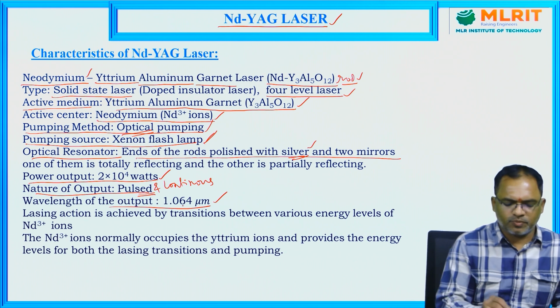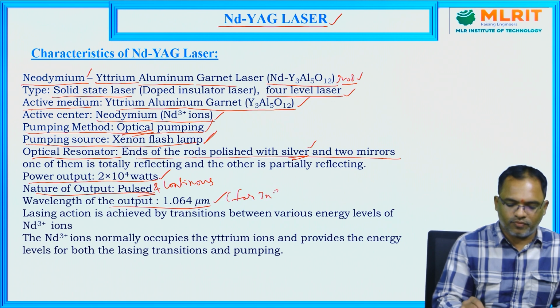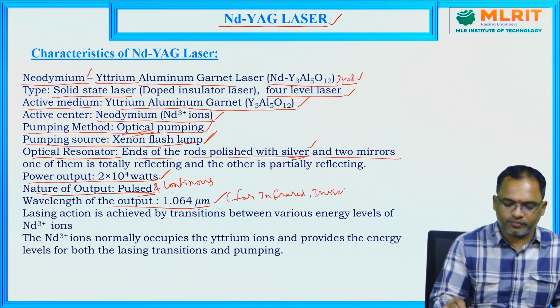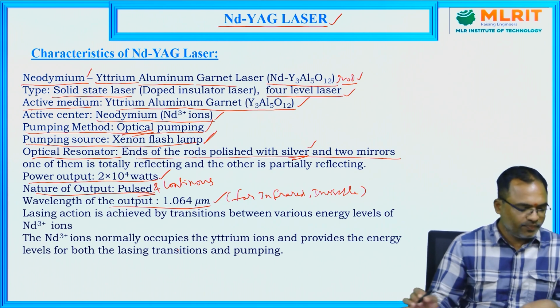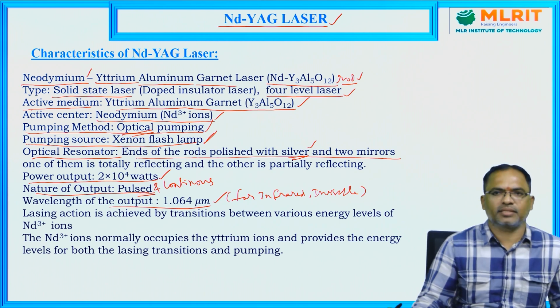So wavelength corresponding to 1.064 micrometers corresponds to far infrared region. So generally they are invisible. And finally, these are the characteristics of the ND-YAG laser.